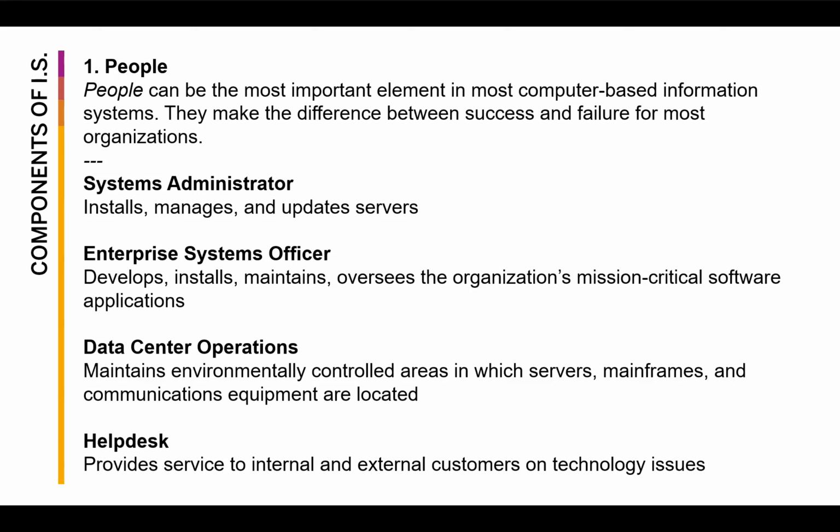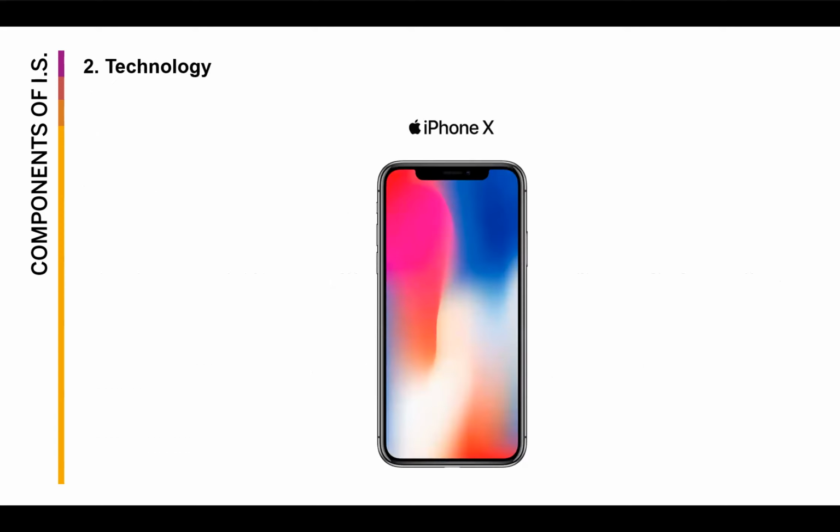So there's a lot of people involved when it comes to information systems, and that really depends on the strategy or the direction of the project. Now, the second one is technology. Just to simplify the concept of technology, of course, we have the hardware, which is the physical thing that we can actually touch or see.